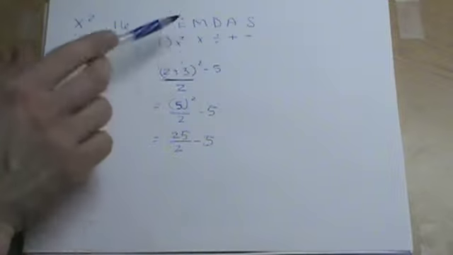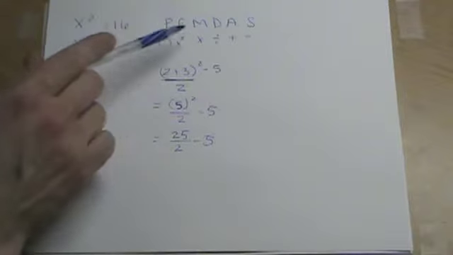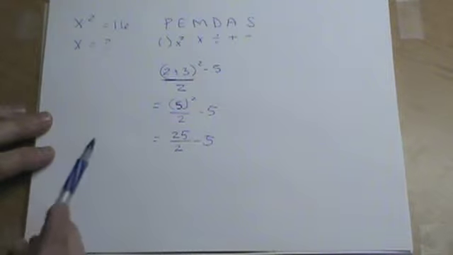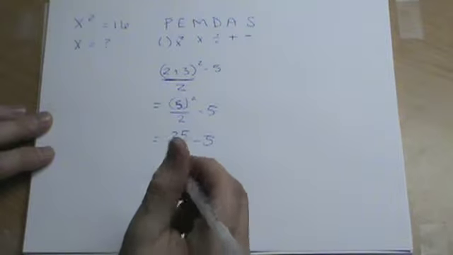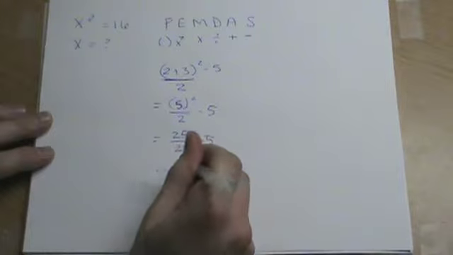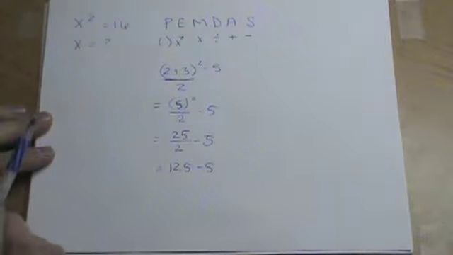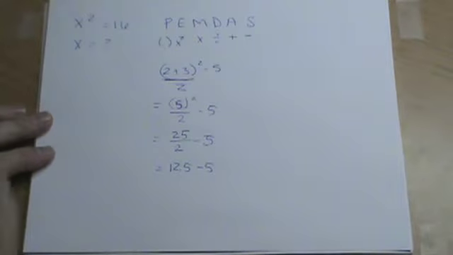Then it says do your multiplication or do your division. It doesn't matter what order you do these. So I have division, so I'm going to do that right now. 25 divided by 2 would be 12.5. And then I keep that minus 5. And lastly, I have to do subtraction. Addition and subtraction, the A and the S. I don't have any addition, so I do subtraction.